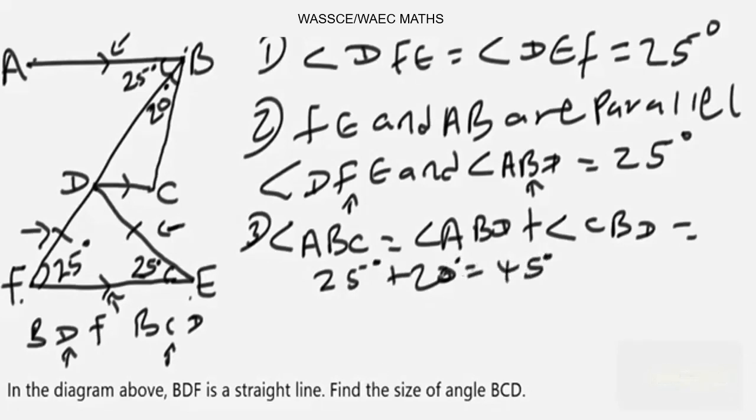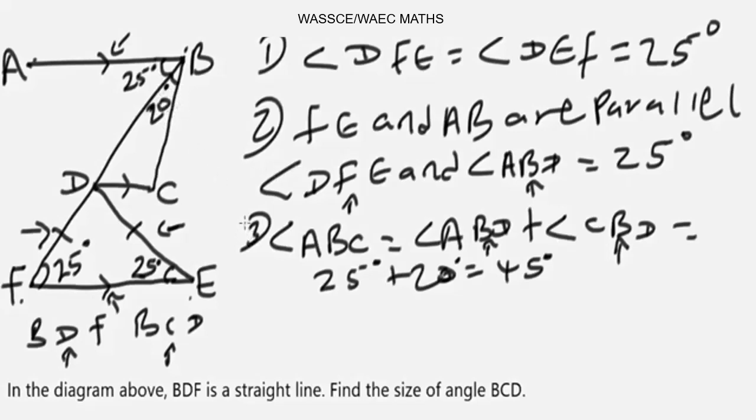Now if you observe here, it looks as if we are having two B angles, this one and this one. Basically this angle B here is covering two angles. The first angle is 25 degrees and the second angle is 20 degrees.